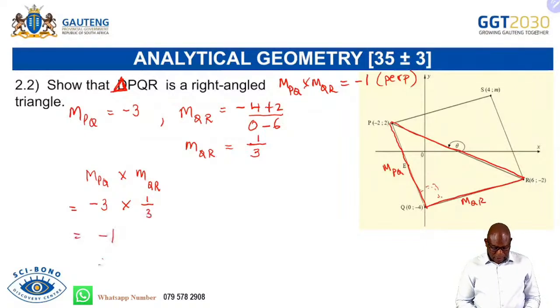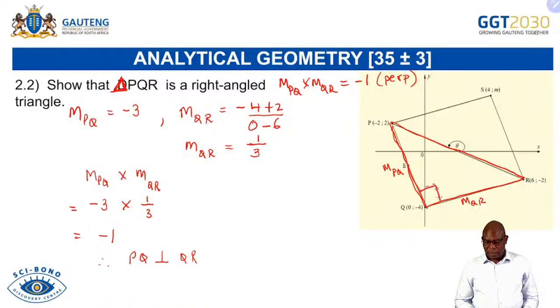So I can say, therefore, line PQ is perpendicular to line QR. This line here is going to be perpendicular to that because of their gradient, which simply means that if I've got a 90 degrees there, there's no other angle in this triangle that can be more than 90.